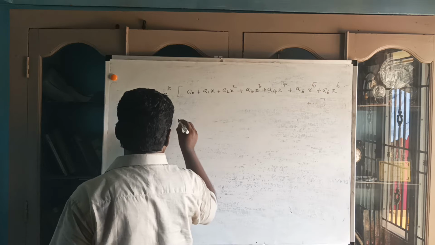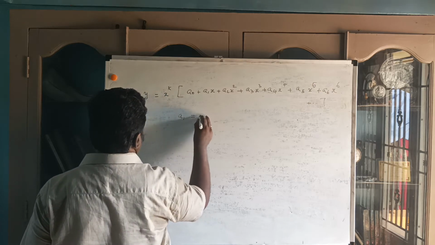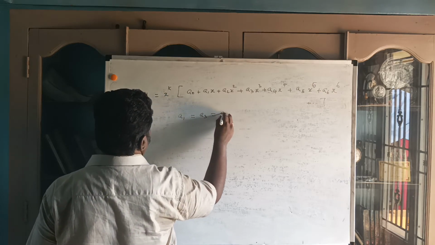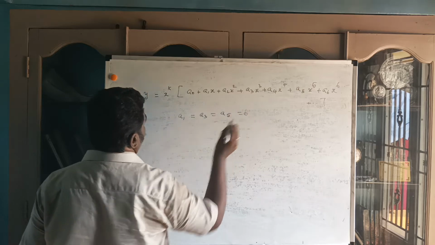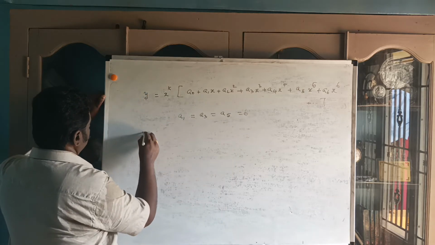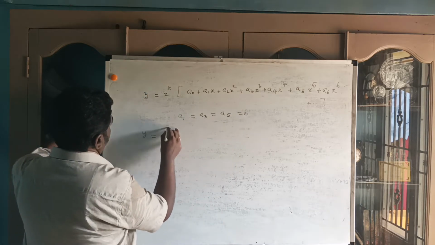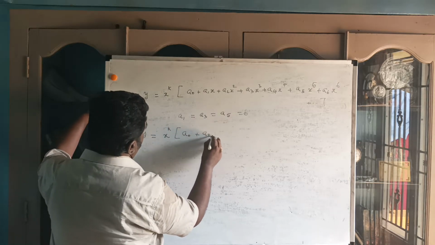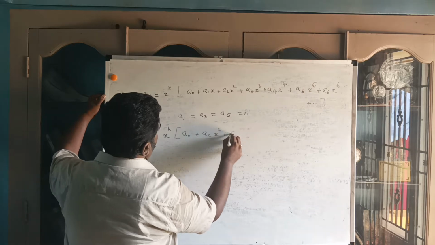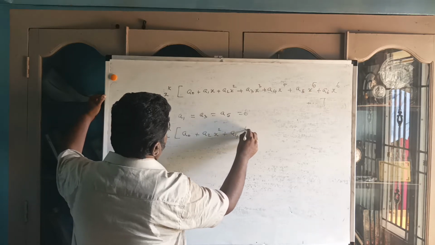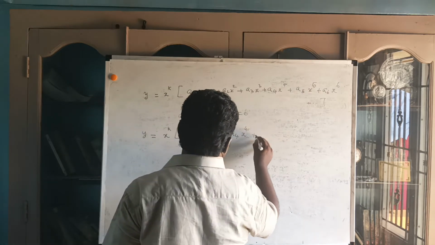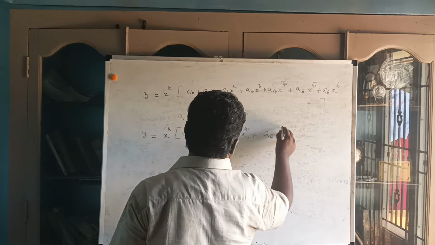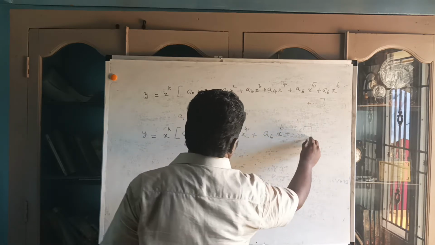We know the values A1 equal to A3 equal to A5 equal to 0. Therefore, y equal to x power k into (A0 + A2 x square + A4 x power 4 + A6 x power 6 and so on).